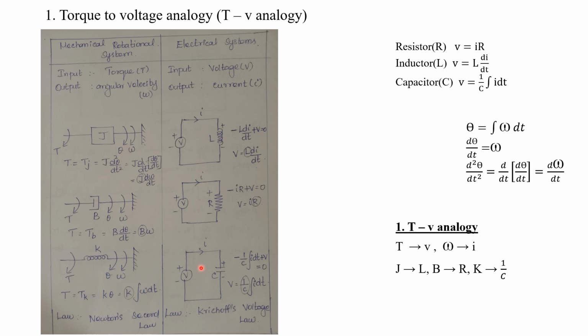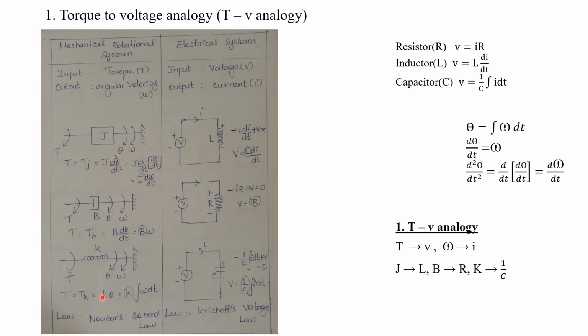Similarly, in the electrical system, the input voltage V will be equal to 1 by C into integration of the output current I. Okay, so we can equate this K, that is spring in the mechanical rotational system, to a capacitor in an electrical system. Quantity wise, the elasticity coefficient K will be equal to the reciprocal of the capacitance value, but component wise K will be equated to the capacitor C in electrical systems.